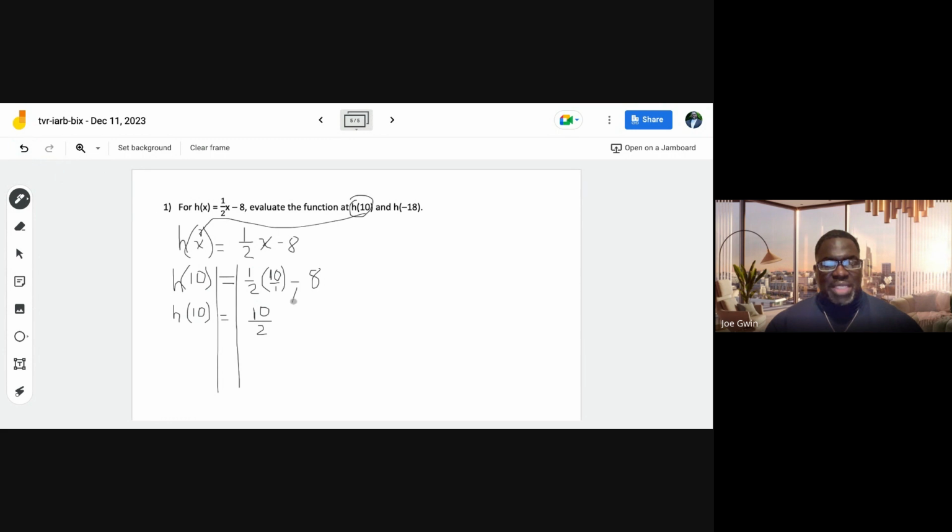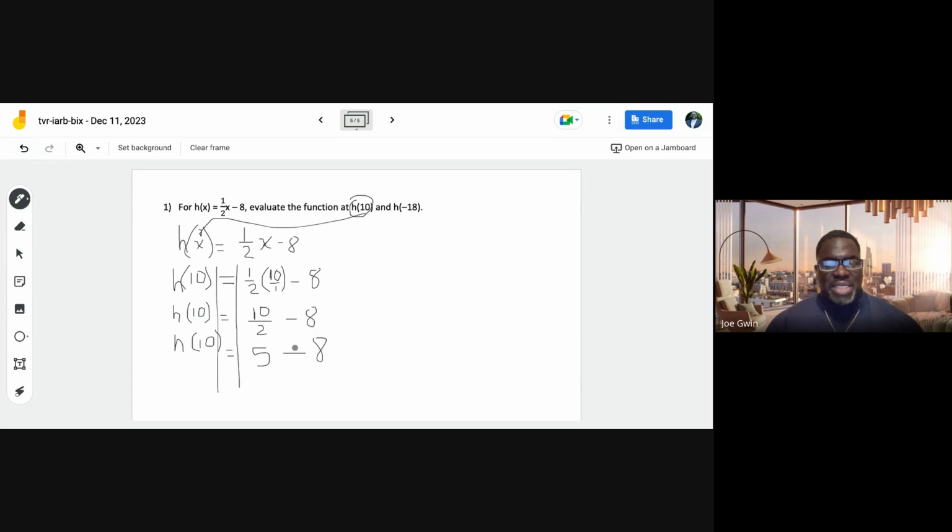We're going to bring down our minus sign, bring down our 8, right? And then 10 divided by 2 is 5. We said earlier it's going to be 5. Bring down your minus sign, bring down your 8. So we have h of 10 is equal to 5 minus 8.